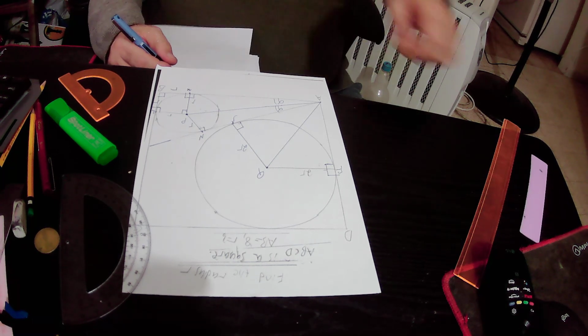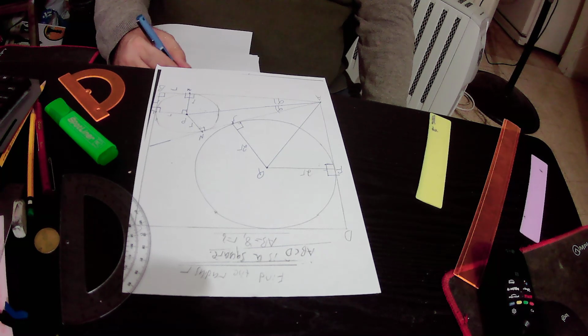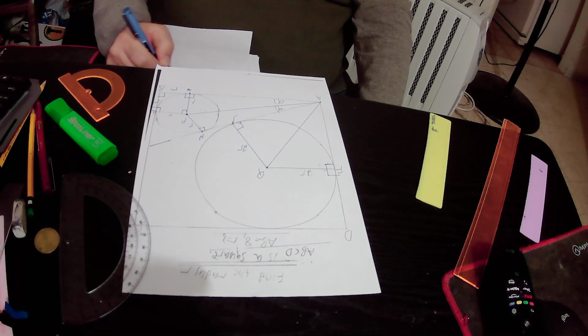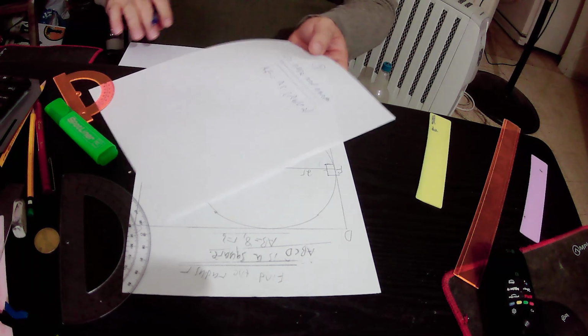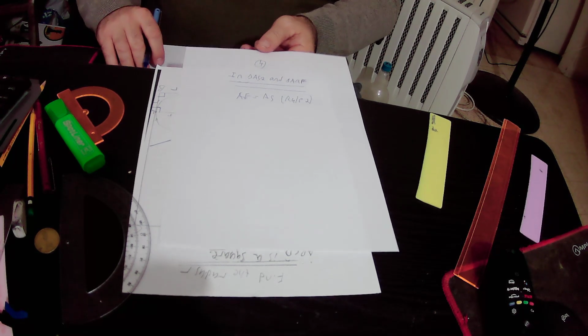Okay, we know that AF equals AS according to rule number 2. I repeat again, AF equals AS according to rule number 2.